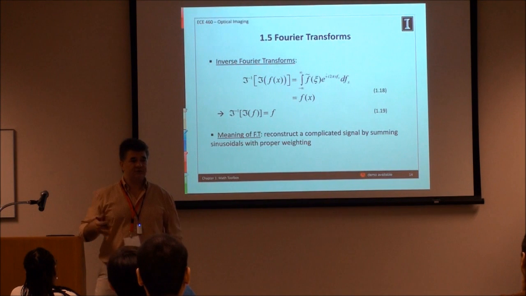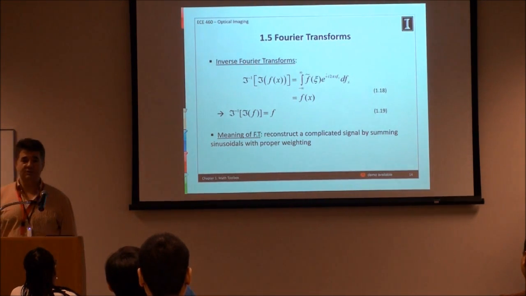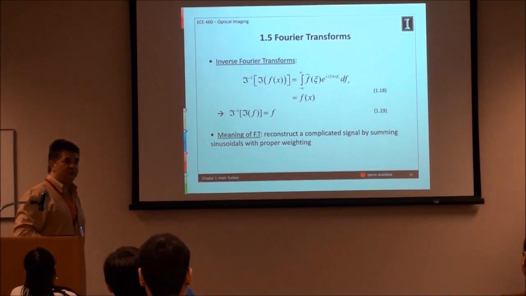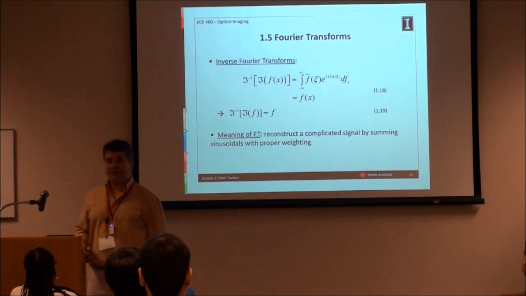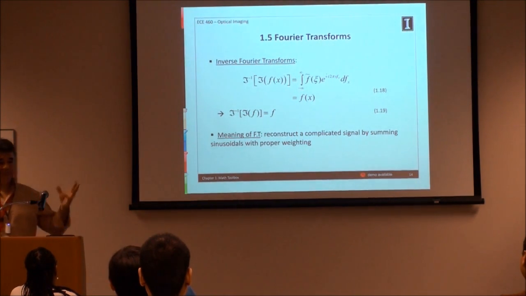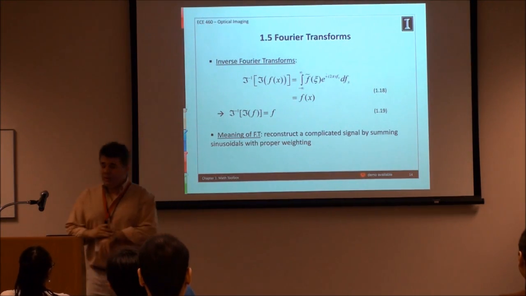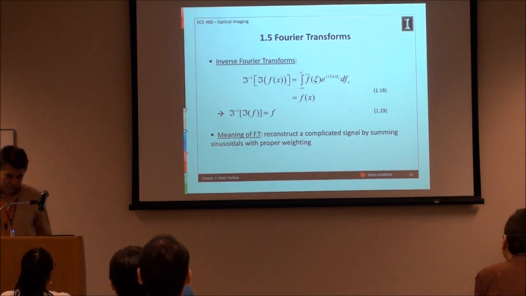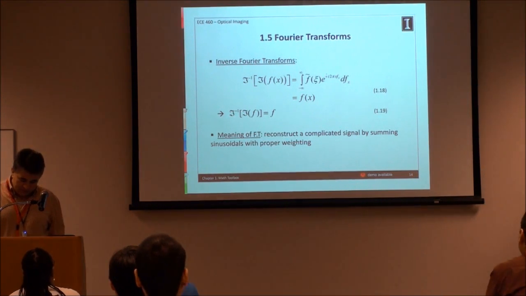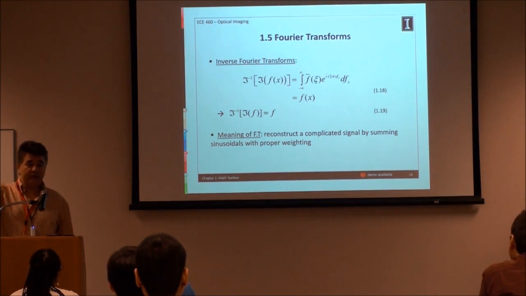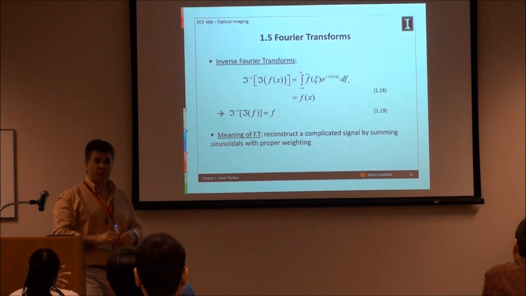I noticed, again, physicists use a different convention from engineers. And on top of that, physicists use i, and engineers use j, or minus j. But anyway, forget all that. It's a convention. I'll explain to you what my convention is, but for now it doesn't matter. So what happens if I take a Fourier transform of a Fourier transform? Not the inverse Fourier transform.